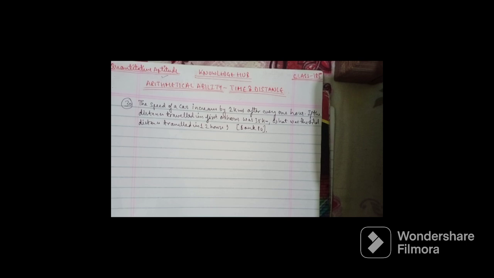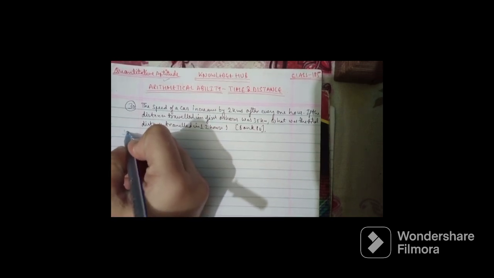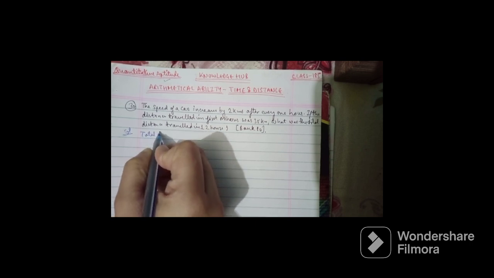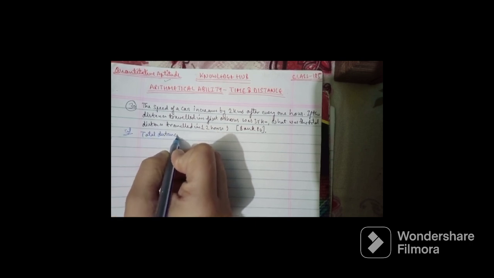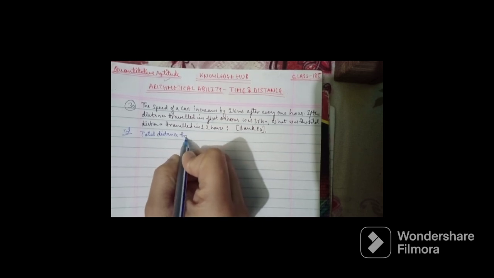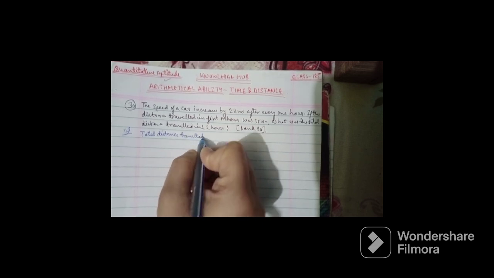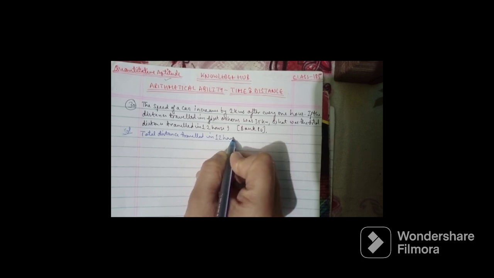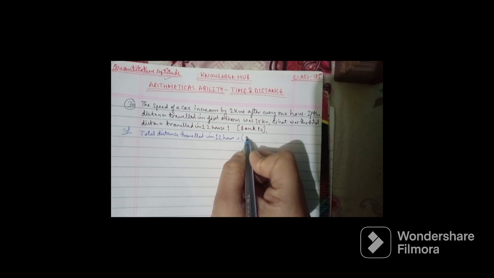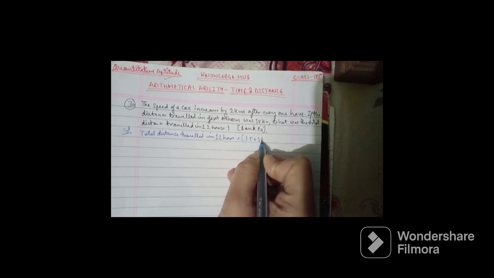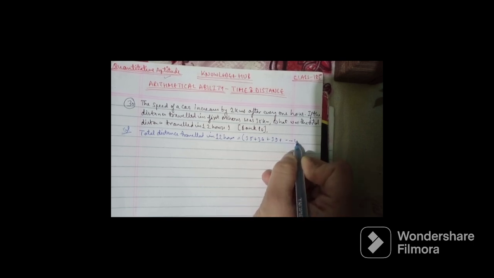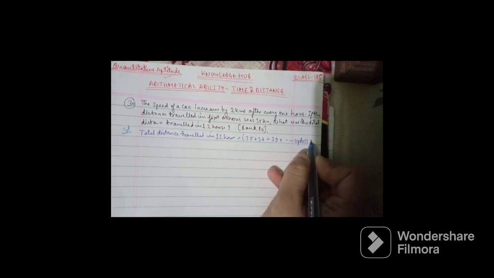Total distance traveled in 12 hours equals 35 plus 37 plus 39 and so on up to 12 terms.